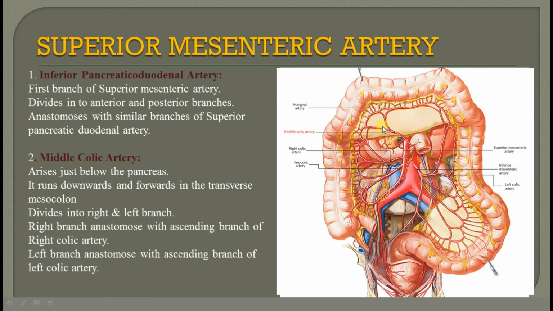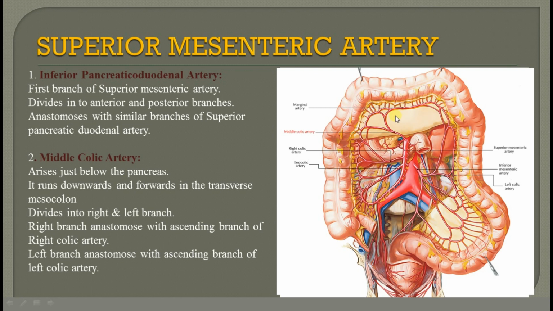The right branch anastomoses with the ascending branch of the right colic artery. The left branch anastomoses with the ascending branch of the left colic artery.